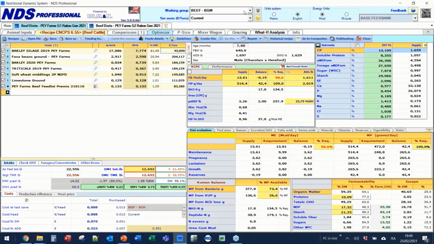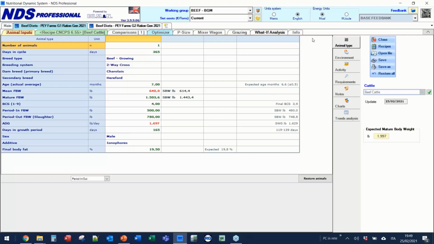The first step is to describe how we can properly handle the animal inputs.